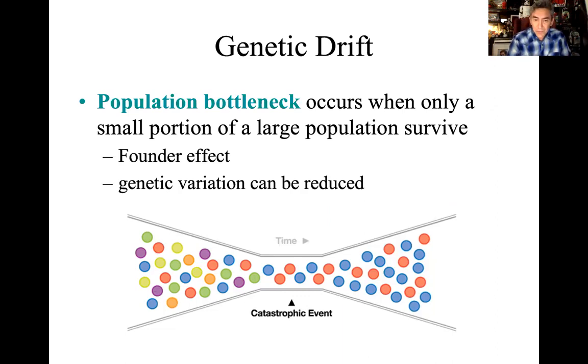So only a few of them survived. Only the blue and the red survived. So they got to rebuild the population, right? And if they rebuild, well, they rebuild without all of the genetic variation that they had before. So the population starts to become a little bit more similar. The phenotypes don't have as much diversity, right? Product of a bottleneck effect under the concept of genetic drift.